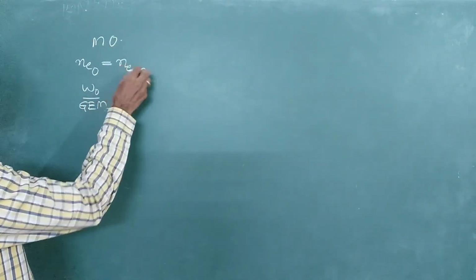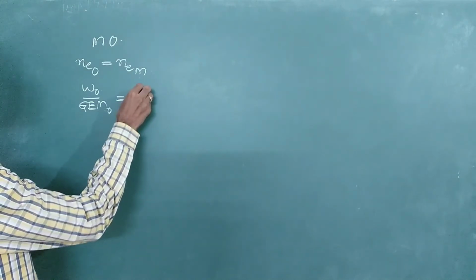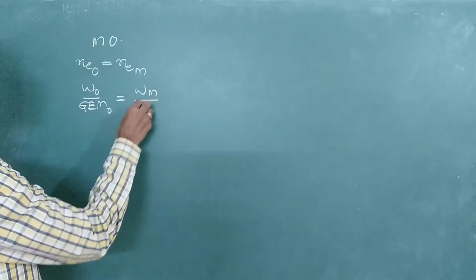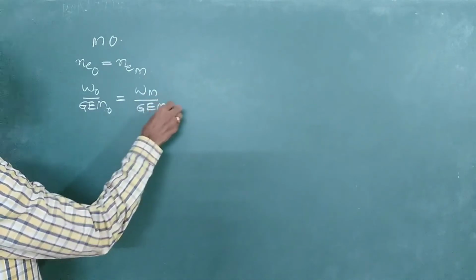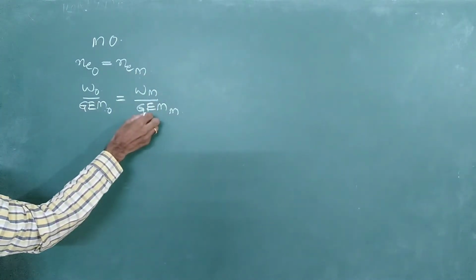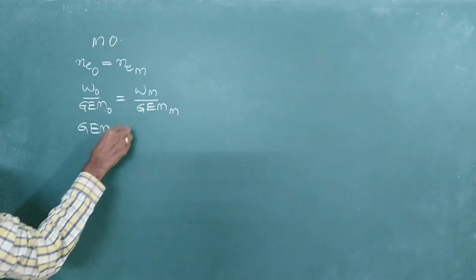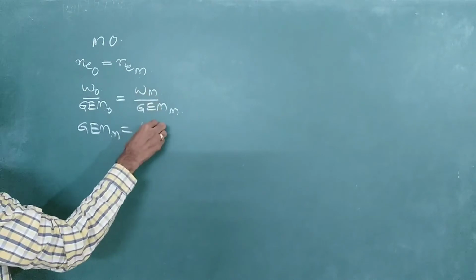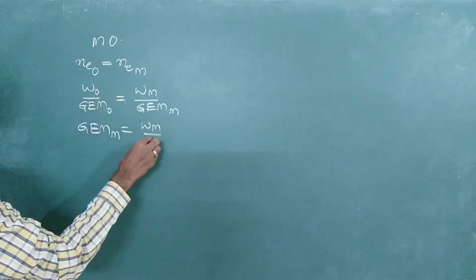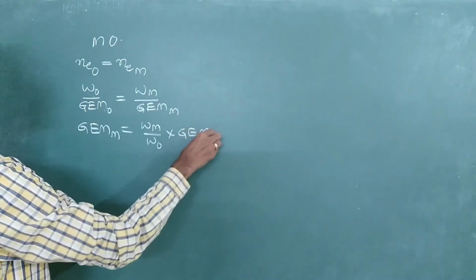For number of equivalents of the element, you can write mass of the element divided by gram equivalent mass of the element. Now gram equivalent mass of element is equal to mass of the element divided by mass of oxygen into gram equivalent mass of oxygen.